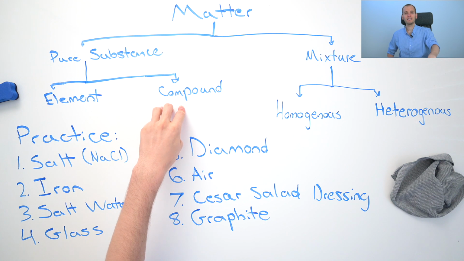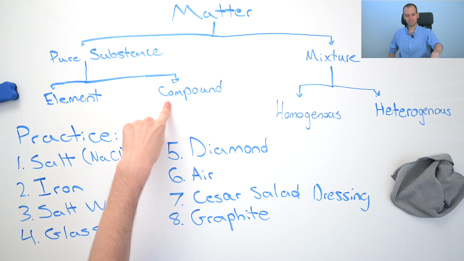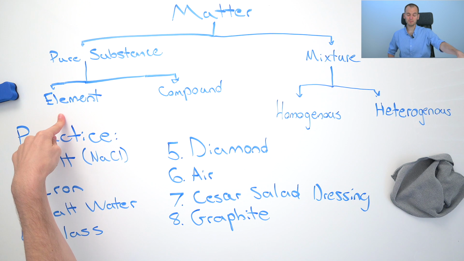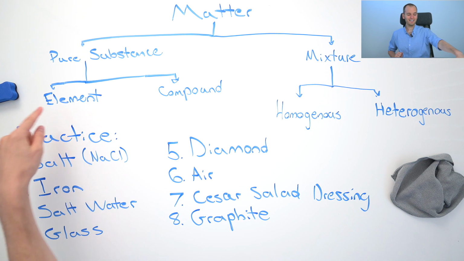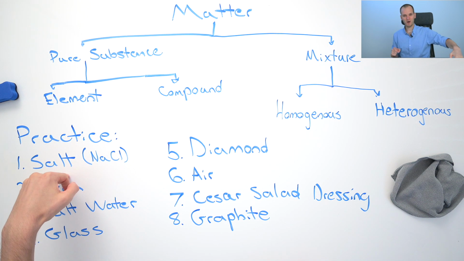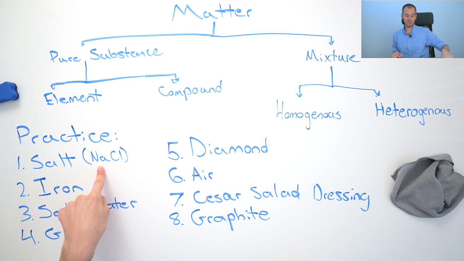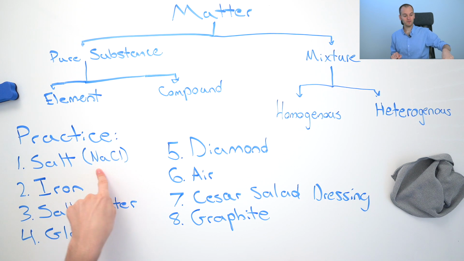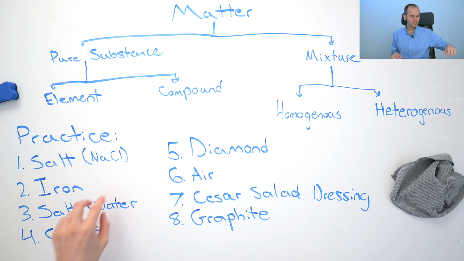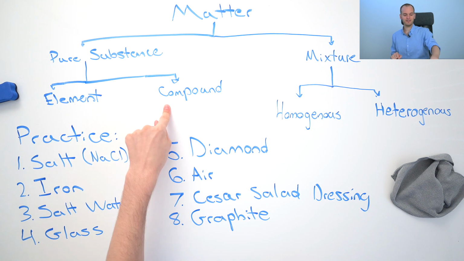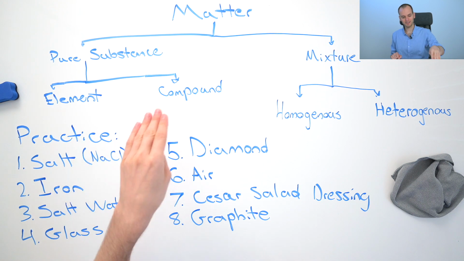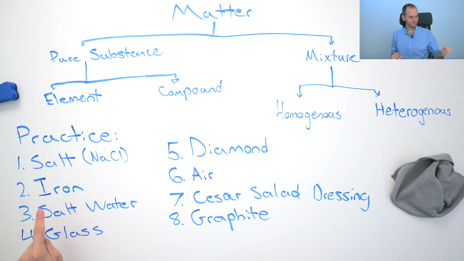So it's different elements all attached to each other. It is not an element because that would mean that salt is made out of just one element, which it's not. It's made out of sodium and chlorine, or sodium chloride. Because there's 2 elements together, that automatically makes it a compound. Now, if there's nothing else with that salt, it is pure.